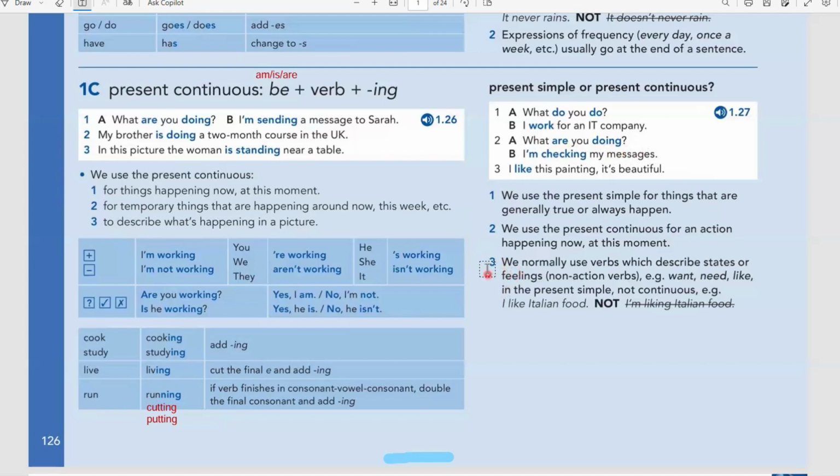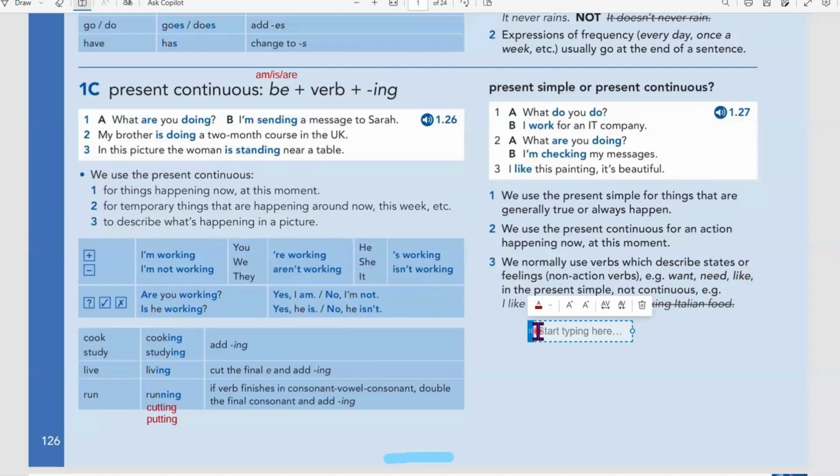Now, point number three here. We normally use verbs which describe states or feelings, I mean like non-action verbs, in the present simple. Even if they mean something is happening in your language, or present continuous, these verbs we must use in present simple, guys, like want, need, like, hate, for example.